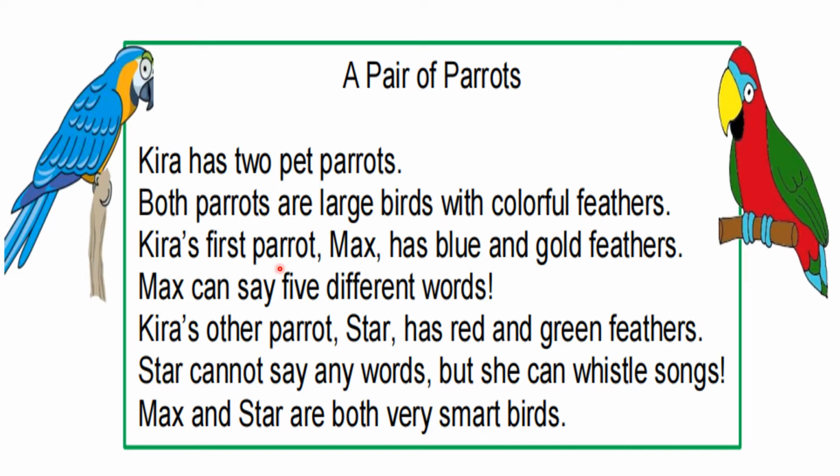Kara's first parrot, Max, has blue and gold feathers. Max can say 5 different words. Kara's other parrot, Star, has red and green feathers. Star cannot say any words, but she can whistle songs. Max and Star are both very smart.